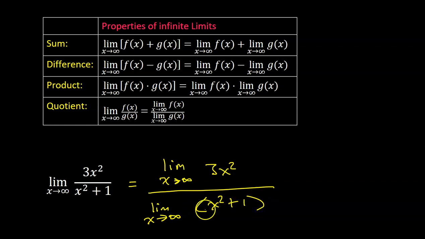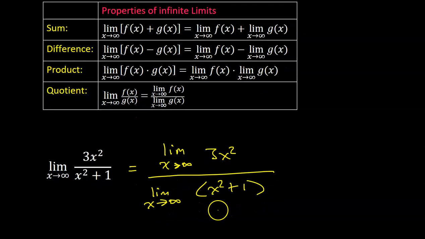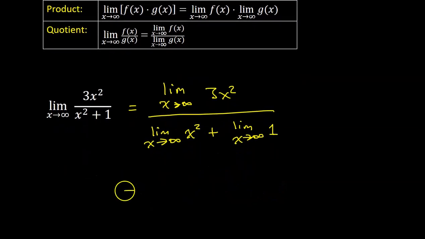And I really could have even broken this up separately, and maybe I will just this once. So I could consider the limit as x approaches infinity of x squared plus the limit as x approaches infinity of 1. So this should work out great.